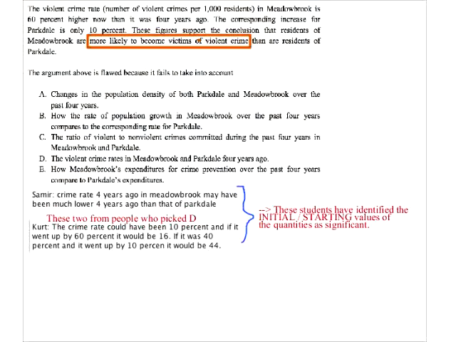More likely to become victims of violent crime is not a percent increase thing. This would be measured by the absolute number of crimes per person or per 1,000 people, etc. So the problem is that percentage increases don't give you absolute numbers unless you know where you are starting from.